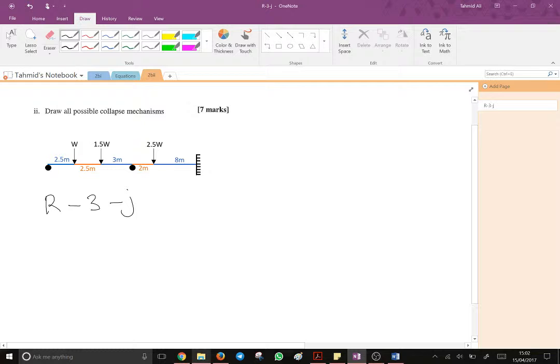Now, R in this case is going to be one reaction force here, another reaction force here, and 3 reaction forces here. So in total that is equal to 5 reaction forces.